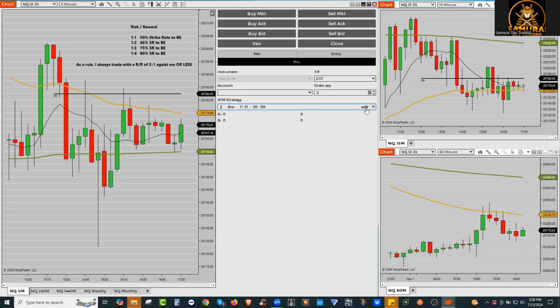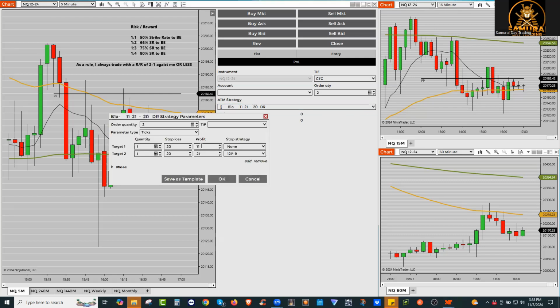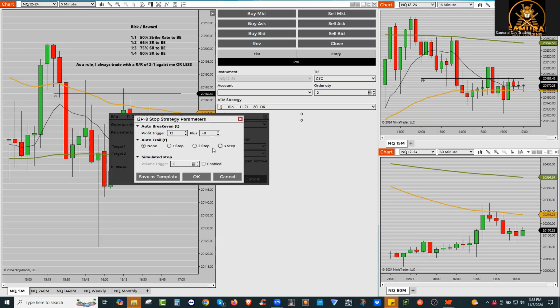Okay, let's edit this one. I'm going to go for 4s and 8s with an 8 tick stop loss. If I go to 4s, well, it's got to hit 5s.